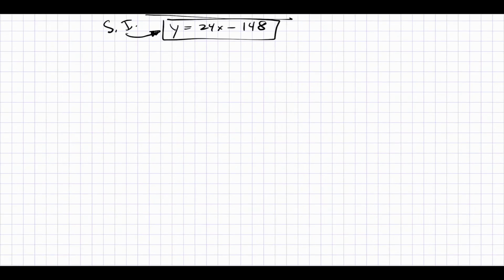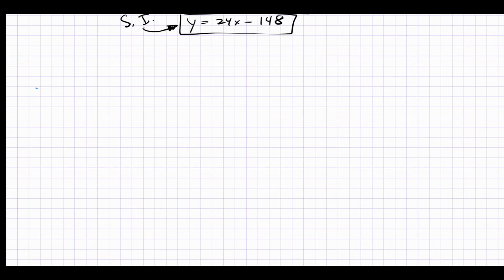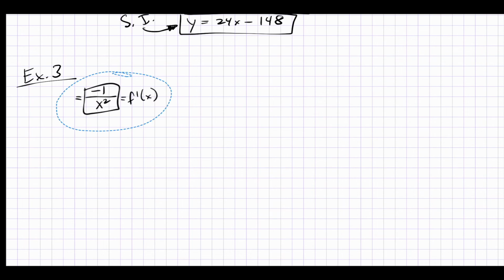Example 3. Okay, so here is what I have. That's the derivative. Now I have to find the equation of the tangent line.